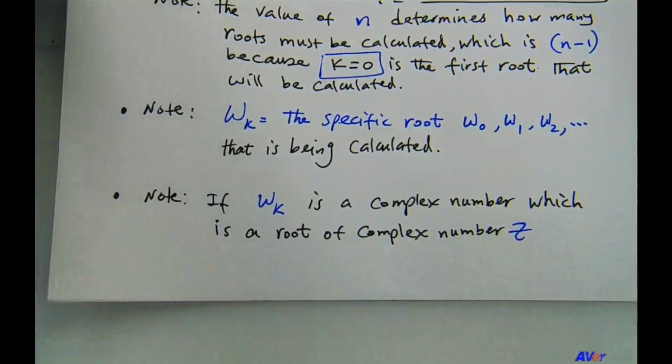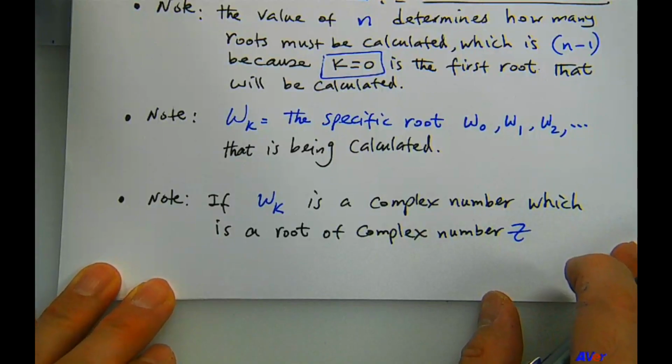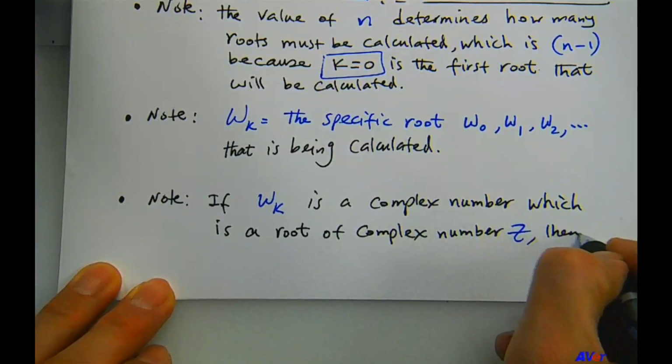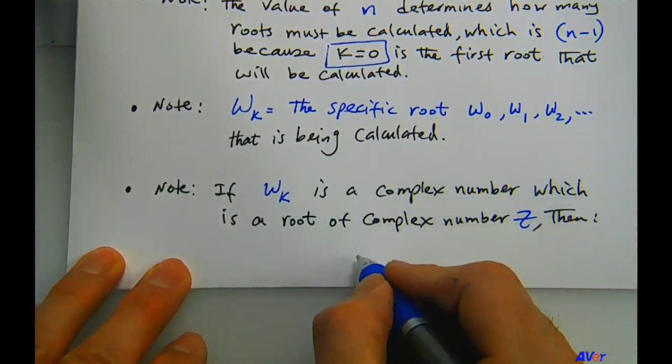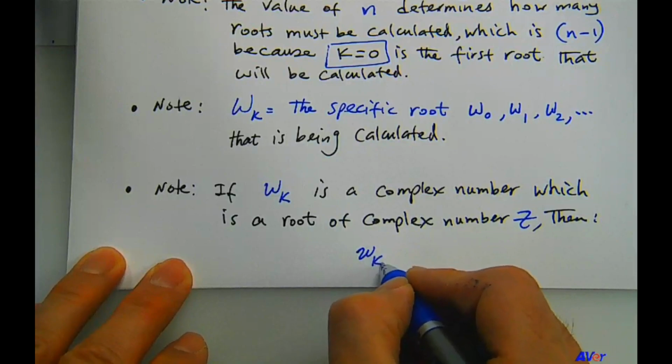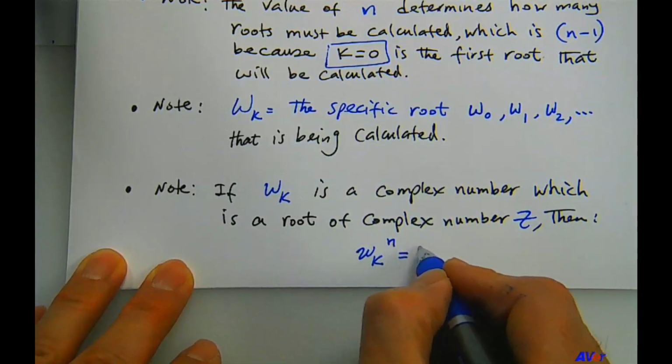That's what this is saying. So if that is a complex number, which is a root of the complex number z, then we can say that W_k to the n power is equal to z.